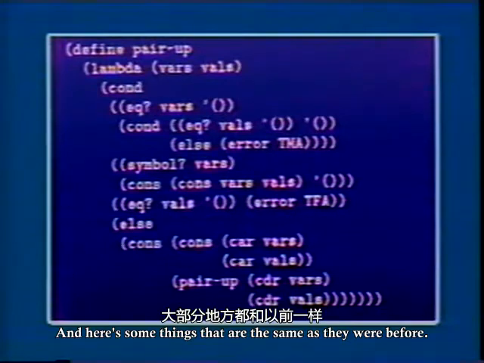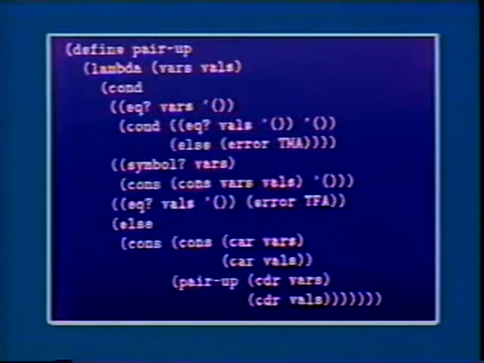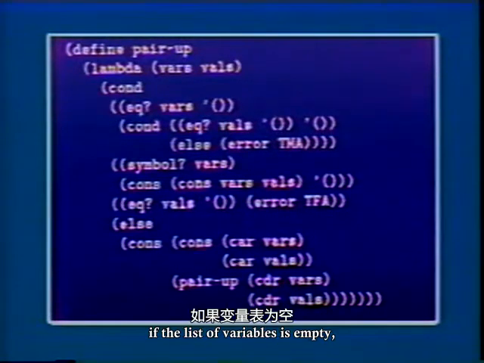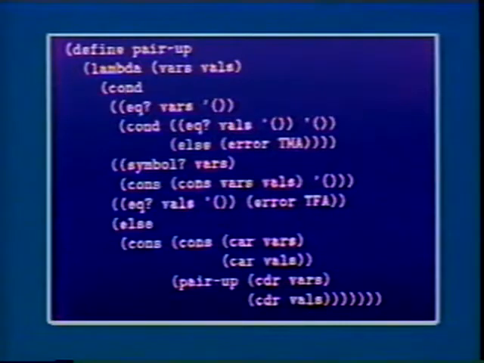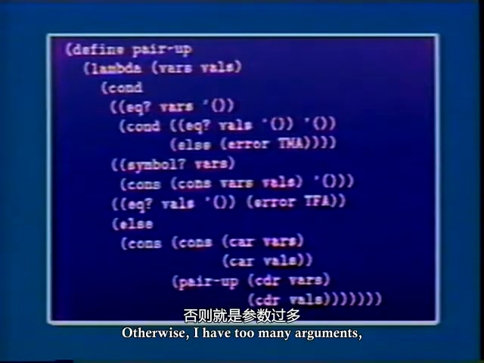And here are some things that are the same as they were before. In other words, if the list of variables is empty, then if the list of values is empty, then I have an empty list. Otherwise, I have too many arguments.